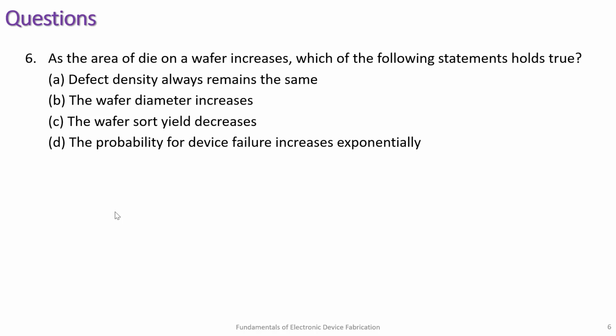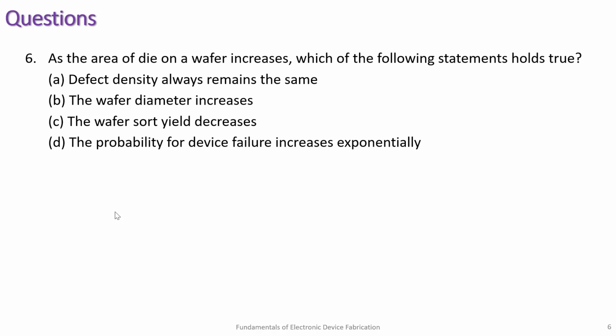As the area on a wafer increases, which of the following statements holds true? Defect density remains the same, wafer diameter increases, wafer sort yield decreases, probability of device failure increases exponentially. In such cases, sometimes more than one option might be correct, and you have to choose the most apt answer. And if you choose either answer, you will get marks also.